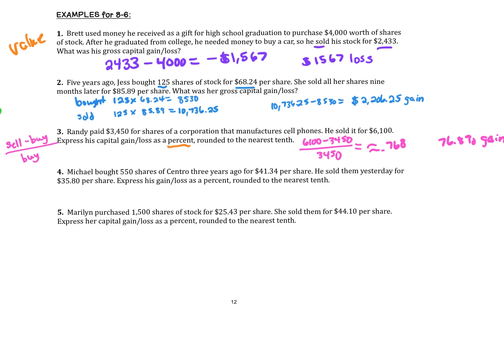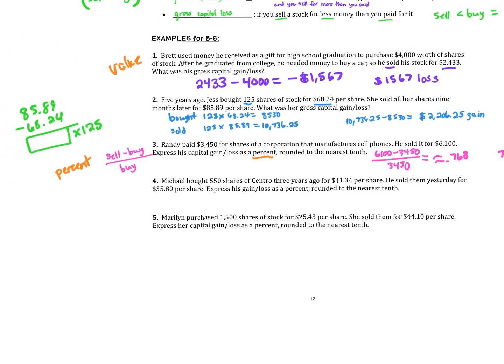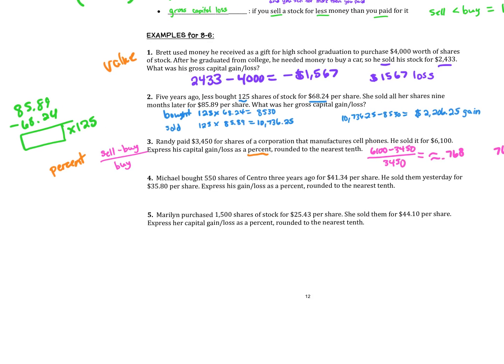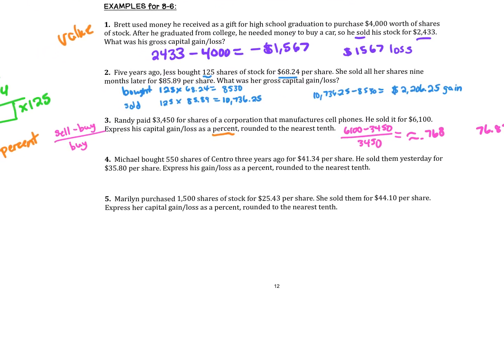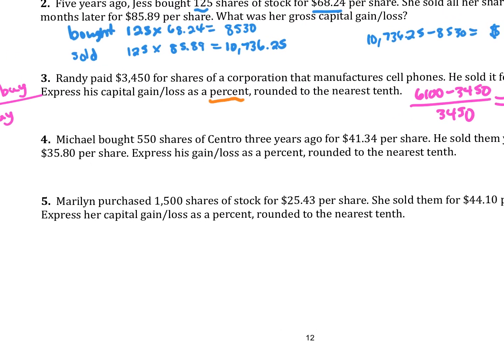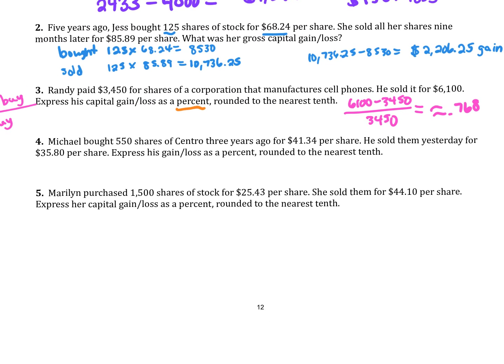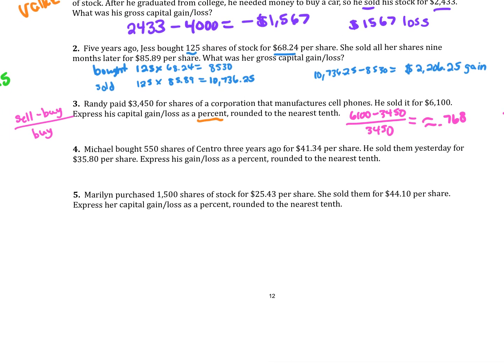All right, so for number 4, it goes back to how you choose to do your figuring like we did in number 2, whether you do what I showed you in the blue or whether you do what we did in the green. Let's see. I want to give you both sets of numbers here.